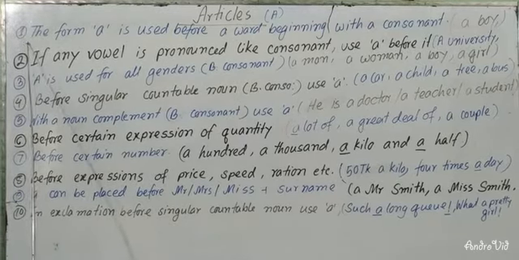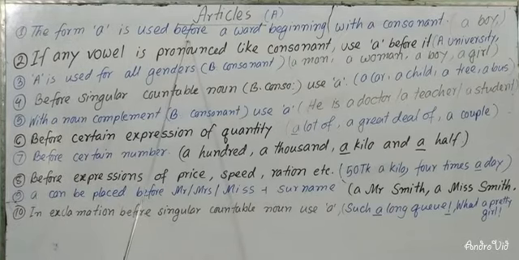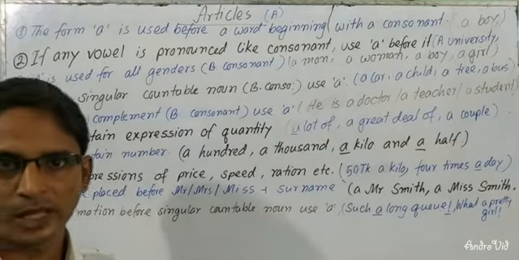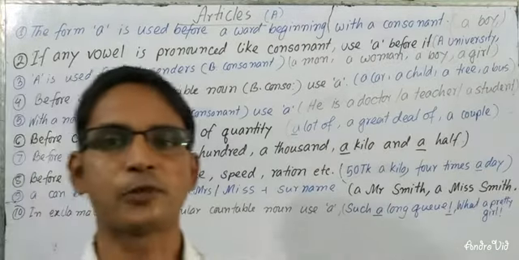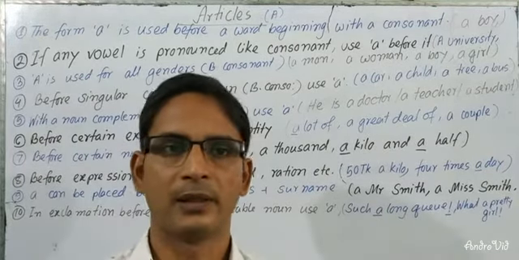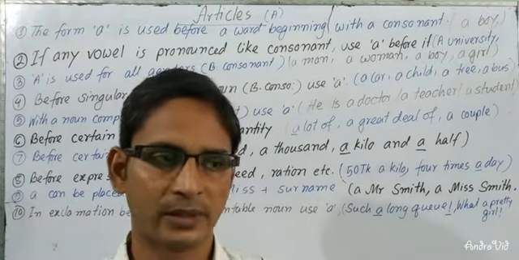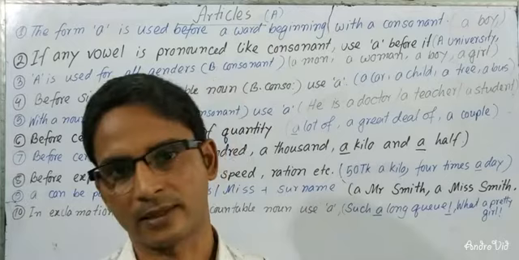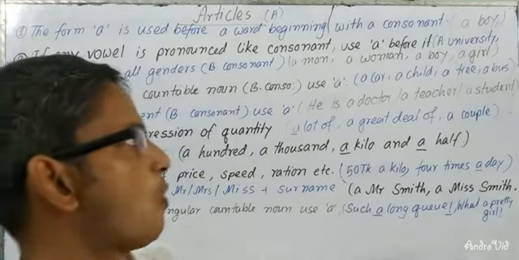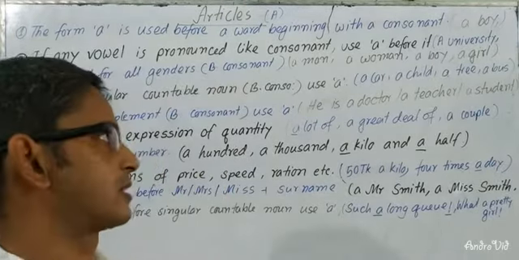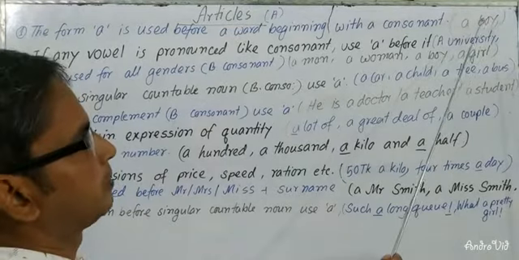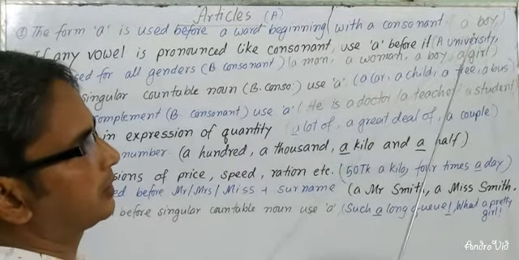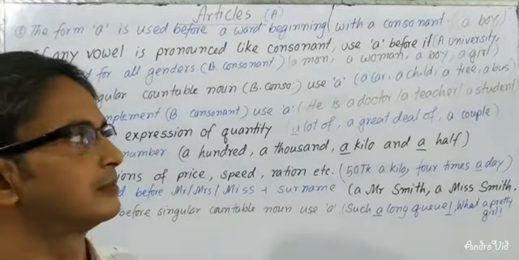Number 1, a is used before a word beginning with a consonant. You know there are two types of alphabet, consonant and vowel. A, E, I, O, U are vowels and the others are consonants. If any word starts or begins with a consonant, before the word you will have to use a.